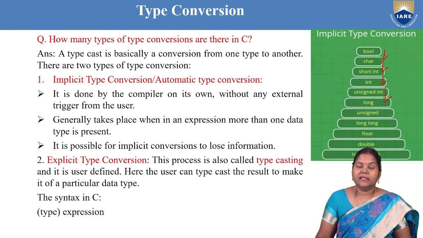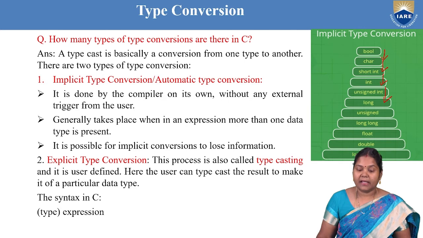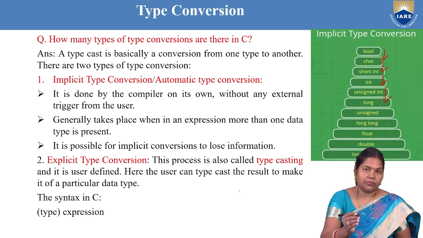The process for explicit typecasting is user defined. That means here the user can typecast the result to make it a particular type of data. Suppose you want to convert from integer to float or to any other type, then you can explicitly cast it.